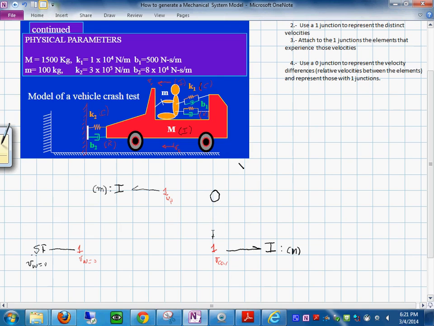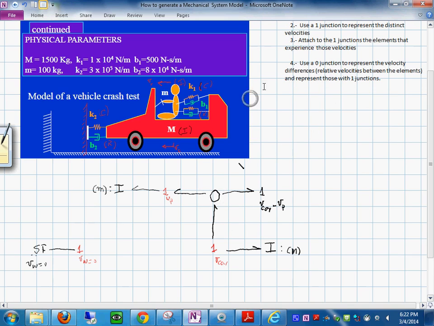So I'm going to put the 0 here and use the arrows this way, and this difference, like this, represent with a 1, which is velocity of the car minus velocity of the person.